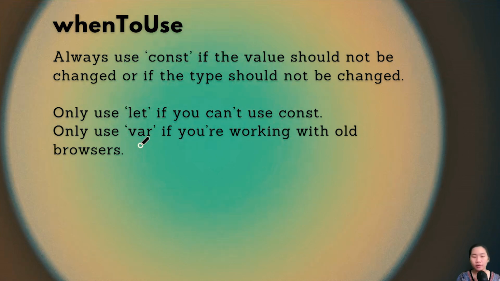Only use var if you're working with old browsers. Now, these are just a few of the conditions that dictate when you can use certain keywords. Obviously, as you learn more, you'll discover that there are a lot of caveats and nuances based on whether or not you should use var, let, or const in a particular scenario.